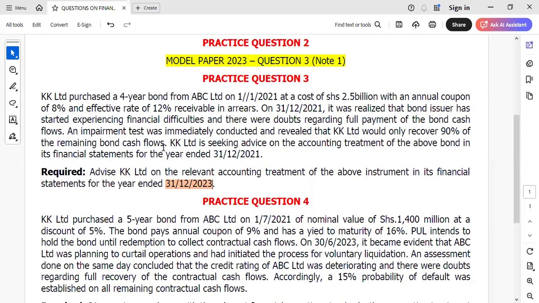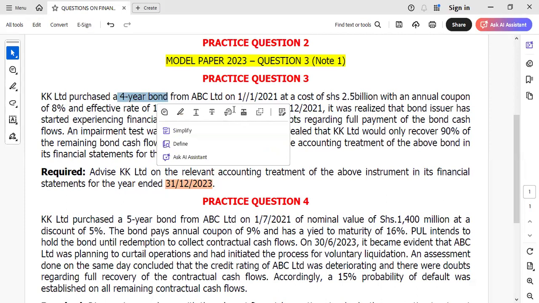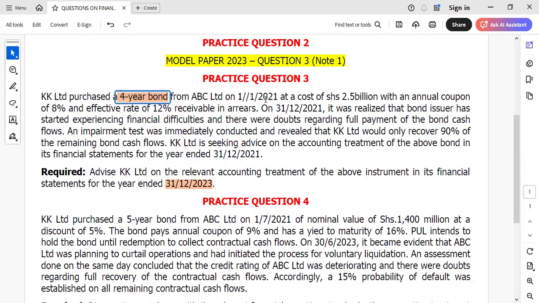So they are telling us that KK Limited bought a 4-year bond on 1st January 2021.